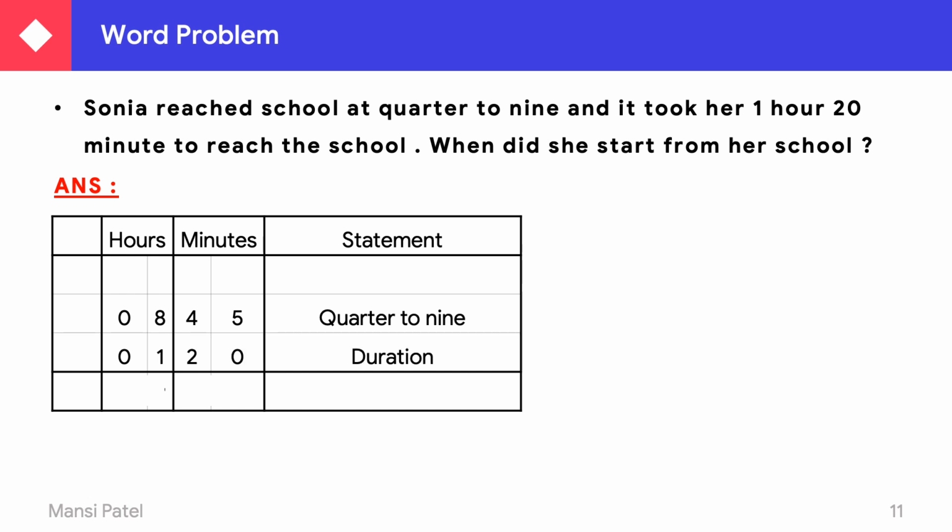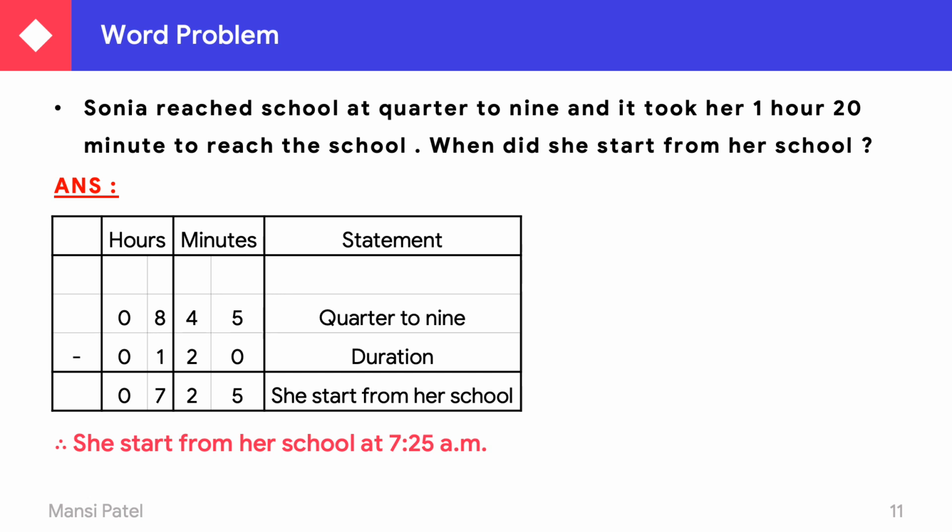That is the duration she took. So how many minutes are remaining? 45 minus 20 is 25 minutes, and 8 minus 1 is 7. So she started from home at 7:25 a.m.